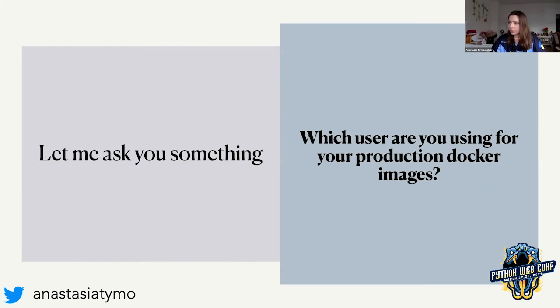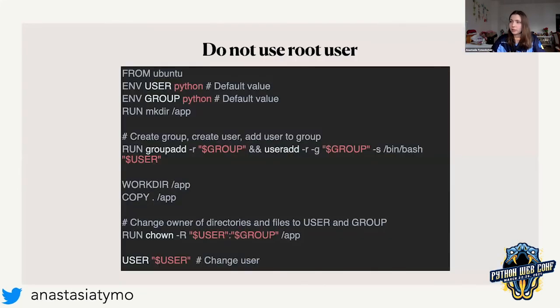Let's stop on the most important part. Which user are you using for your production Docker images? You could be using a root user or any other user, but the idea is for the application to have the least privilege possible. So the least possible for this custom task. That means the application should have access only to the resources that it needs for this required function.